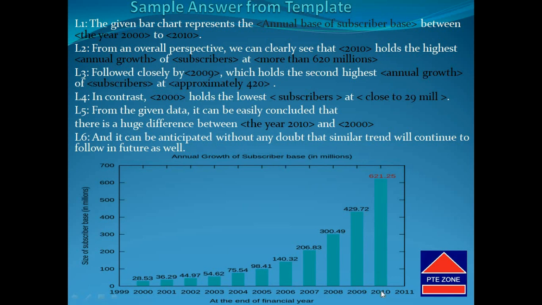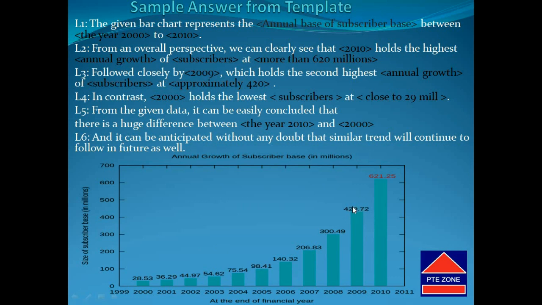So you can see 2010 is the highest, and it is 621. So you can also say exact 621.25 million. I just said more than 620 million. Followed closely by the year 2009, which holds the second highest annual growth of subscriber at approximately 420, or 430 actually.